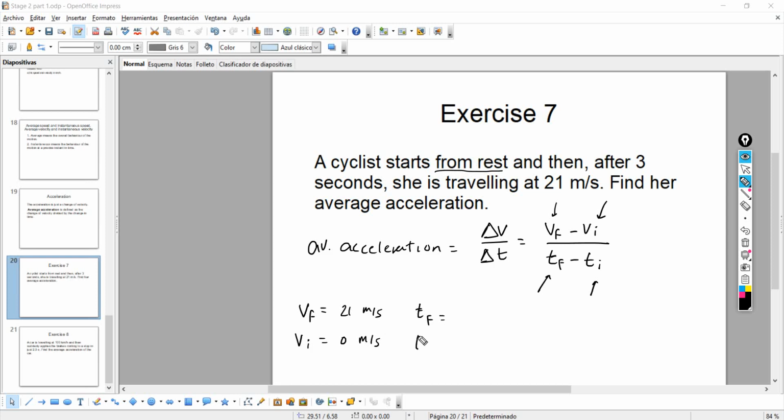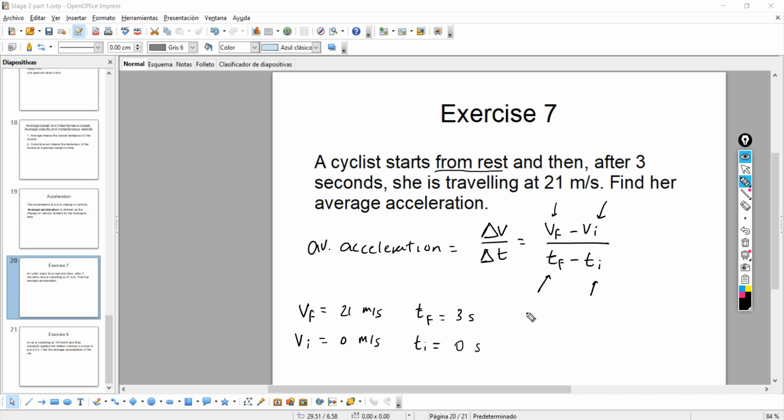Well, first I need to decide at what time I'm going to start measuring. All I know is that after 3 seconds, she's traveling at 21 meters per second. So I can write that the initial time was 0 seconds, and therefore the final time would be 3 seconds.